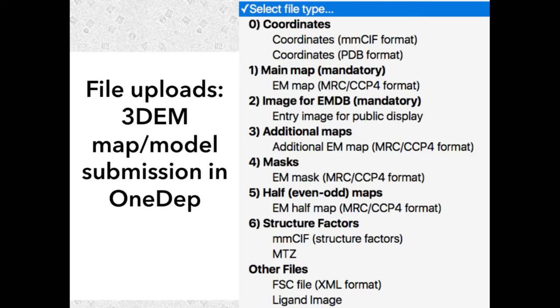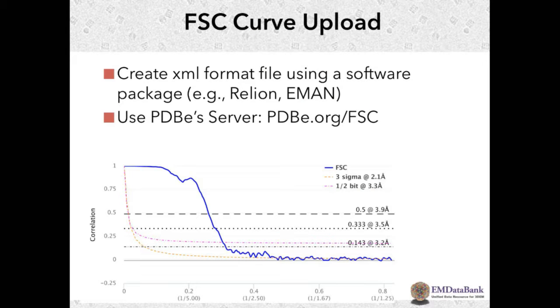So there's a server at PDBE, pdbe.org/FSC, to upload 2 maps to create an FSC curve. It produces this nice image that you can download, and it also produces an XML file. The XML file is basically just the XY data points of this curve.